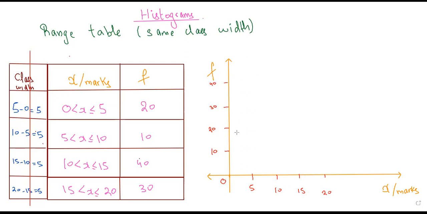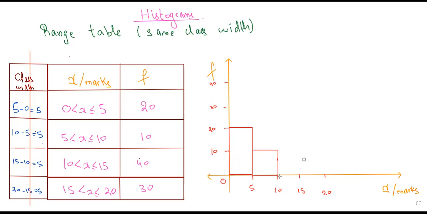And now I am going to make the classes. Okay, look at this. I'm going to make the histogram, the bars. So 20 is the frequency from 0 to 5. So I am going to make a bar like this. 10 is the frequency for 5 to 10. So this would be the bar in this case.